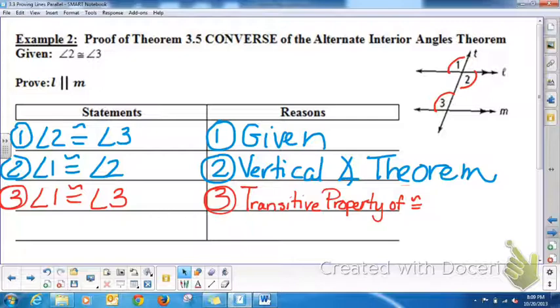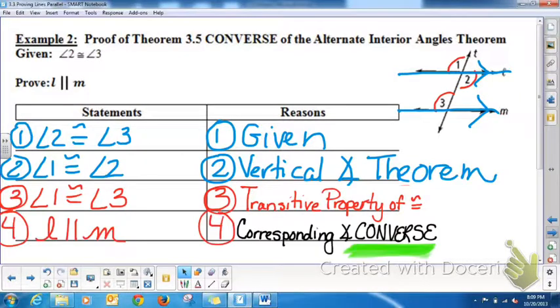That's right, we can prove that these lines are parallel. Because what are 1 and 3 to each other? That's right, they're corresponding angles. So using corresponding angles converse, we can prove that line L is parallel to line M. L is parallel to M using the corresponding angles converse theorem.